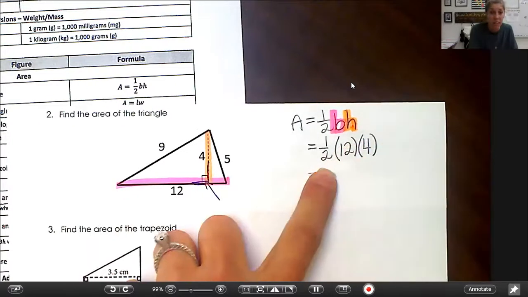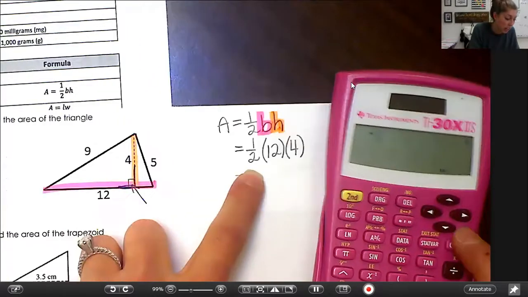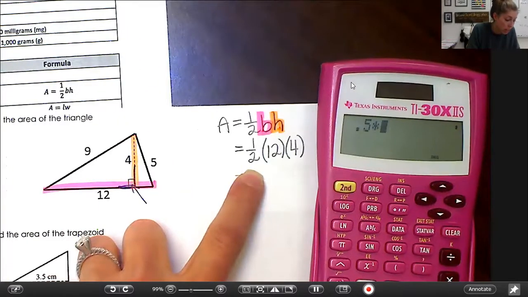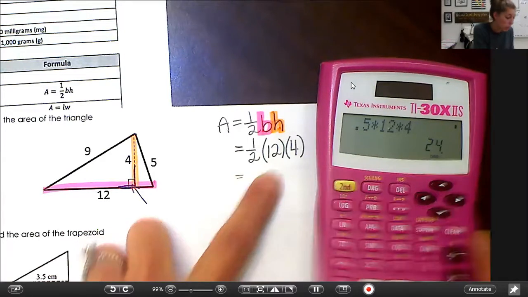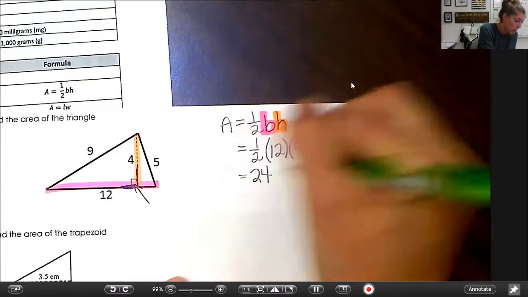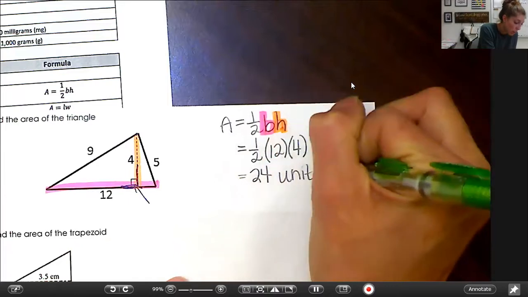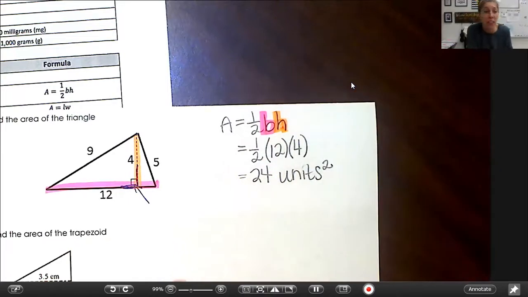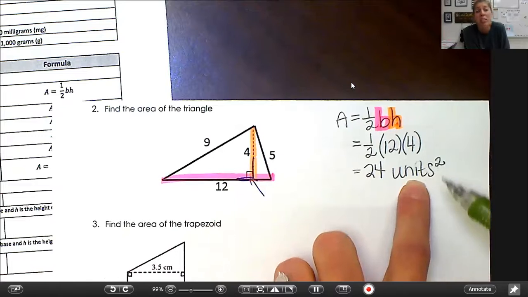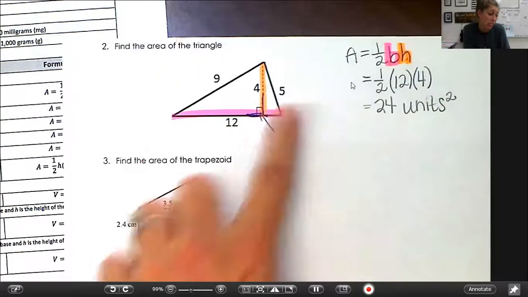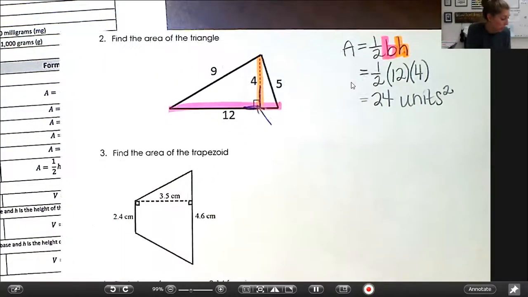So I could literally take this and type that all into my calculator: half, 0.5, times 12 times 4. All sorts of mental tricks you can use there, but when all else fails, use the calculator. Remember, area is always units squared. So it could be centimeters squared, inches squared; since nothing is labeled, units squared.